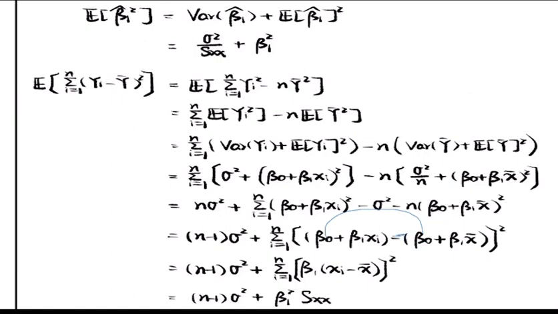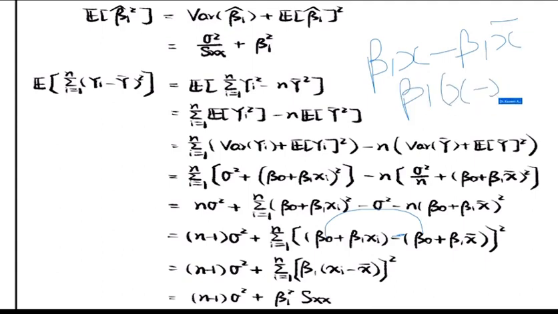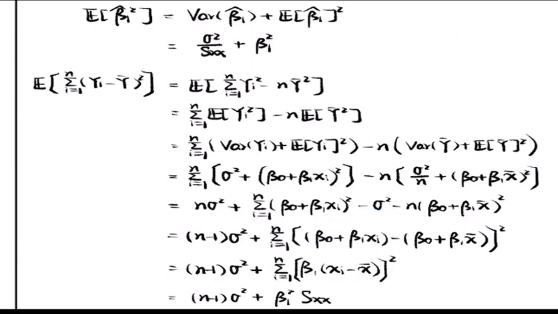We're only going to have beta 1 x minus beta 1 x bar, and of course you can factorize. Don't forget the square for all of them.